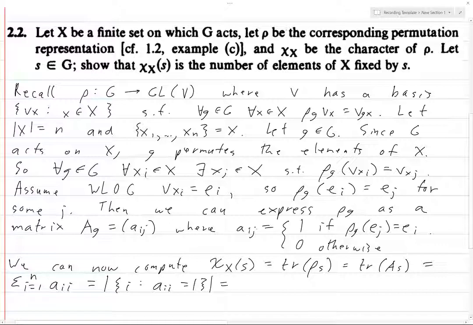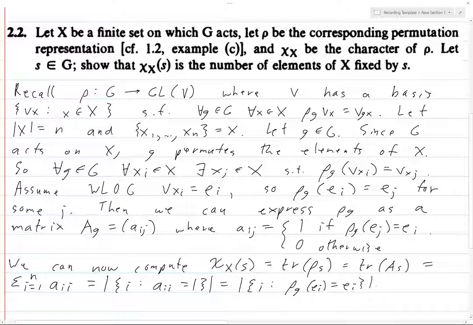So then what else? We know how to compute a_ii. This is going to be all the i such that rho_s of e_i equals e_i.